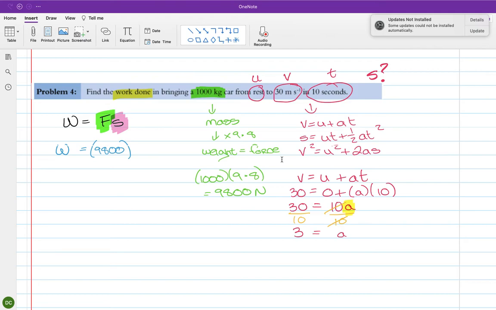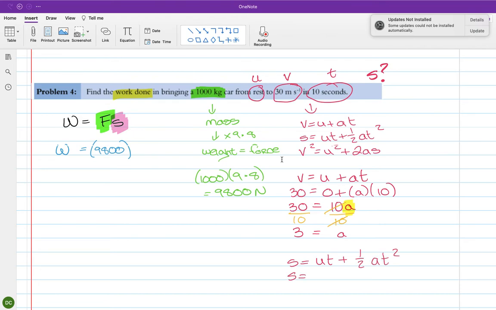So then A is 3. And then we can use either of the other two. So I suppose I'll go with the second one, just so I don't have to rearrange. So S equals UT plus a half AT squared.